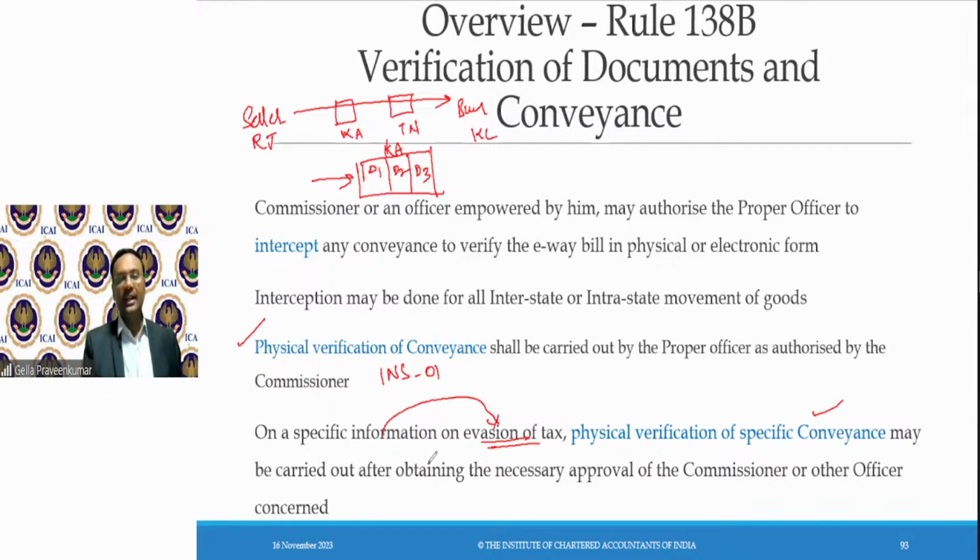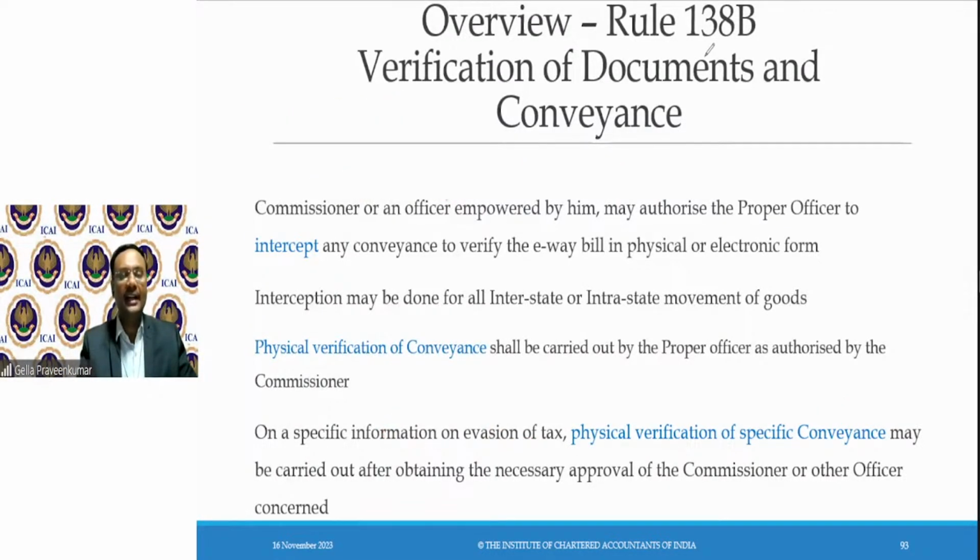So here, if the proper officer has reason to believe, on information, that you are causing tax evasion, then when the goods are moving from one state within the state, unless there is a special permission from the commissioner, the vehicle cannot be intercepted once again. This is what we need to understand.